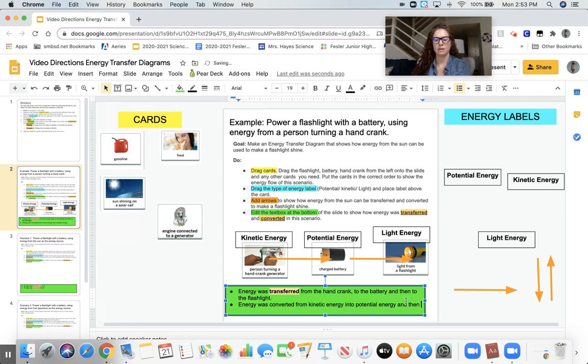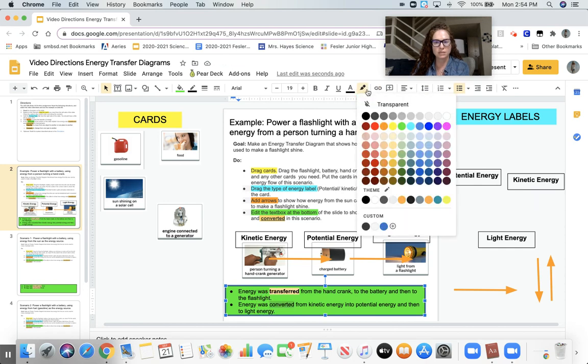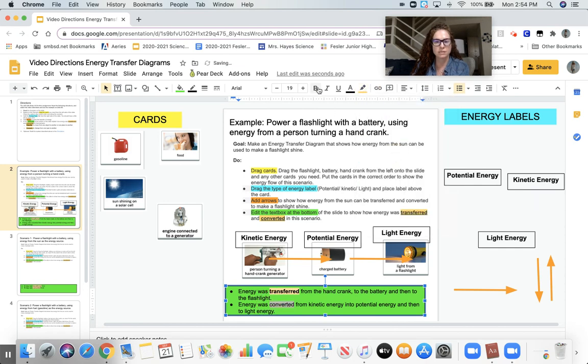And then to light energy. I need to re-highlight this word. On yours, it already is highlighted. I just kind of messed something up. But so it's converted from kinetic energy into potential energy, and then to light energy, right? So I described how the energy has changed.